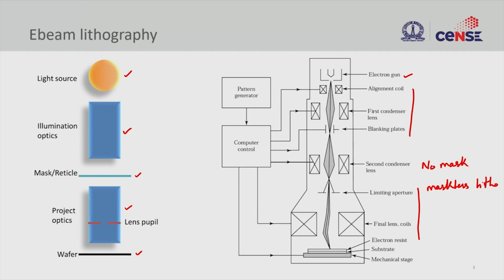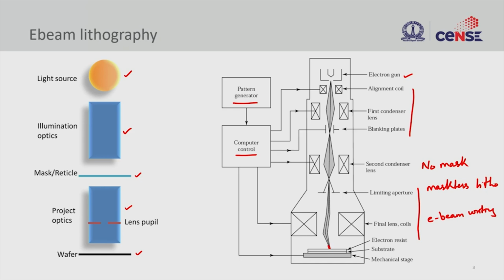The way we do that is by using this pattern generator and controlling the electron beam. Unlike optical litho where we do printing, here we do writing. So the right word to say is e-beam writing. So you use a pencil beam here to write the patterns.